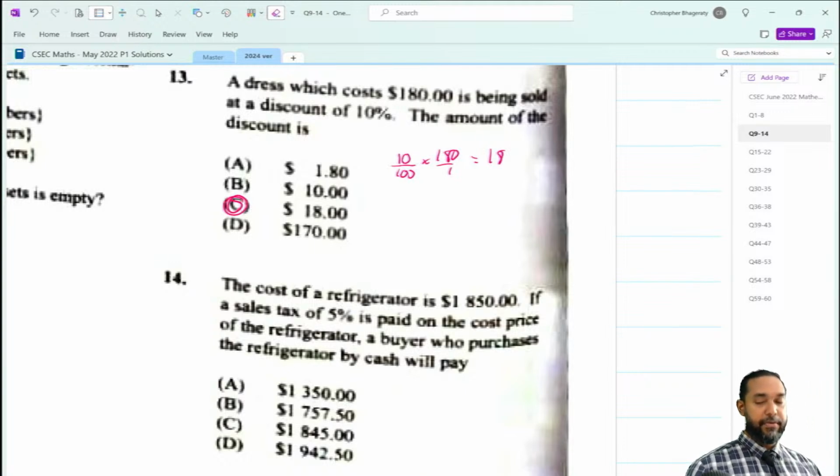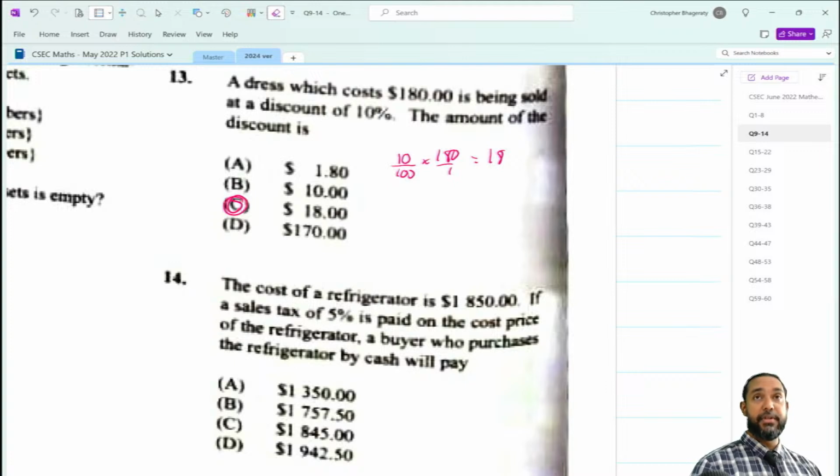All right. Cost of a refrigerator, right? If it's 1850, and a sales tax of 5% is paid on the cost price, a buyer who purchases the refrigerator will pay, right? So if you have a tax to pay, do you end up paying more or less overall? More. So which options can we clearly ignore?